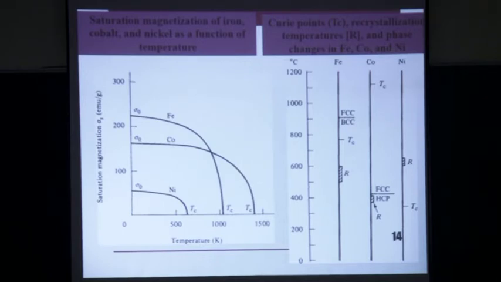So in some cases, for example, this case, the material, you can make it recrystallize, but it is already paramagnetic at this state, which means, what is the purpose of recrystallization? The purpose of recrystallization is to reduce the defect density by forming new grains.